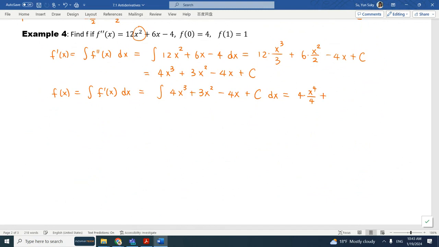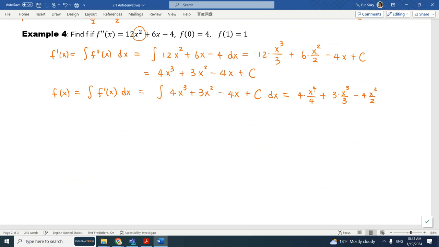And next, what's your name? Morgan. What's the integral of 3x squared? Yes. Mackenzie, what's the integral of -4x? Yeah, x squared over 2.